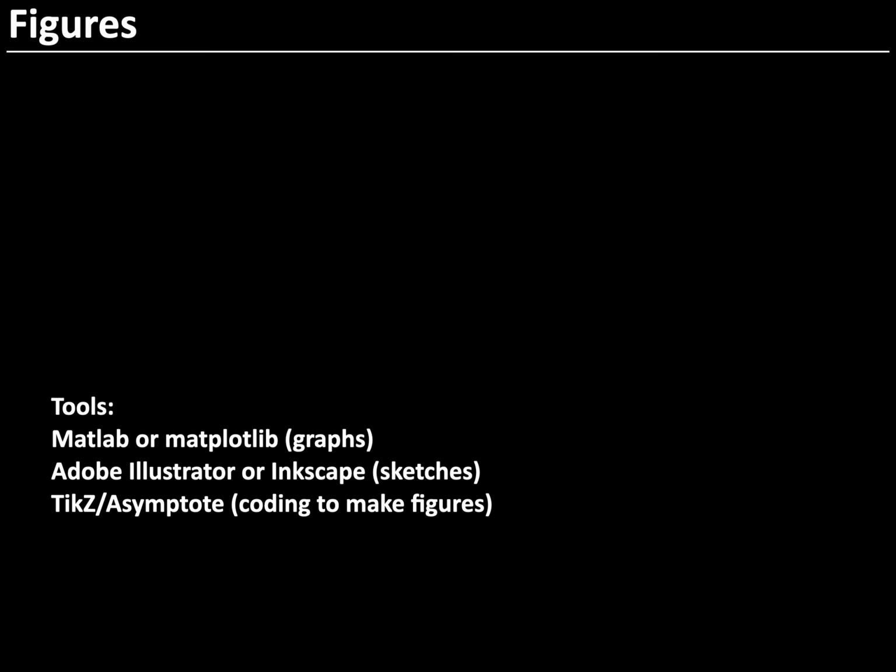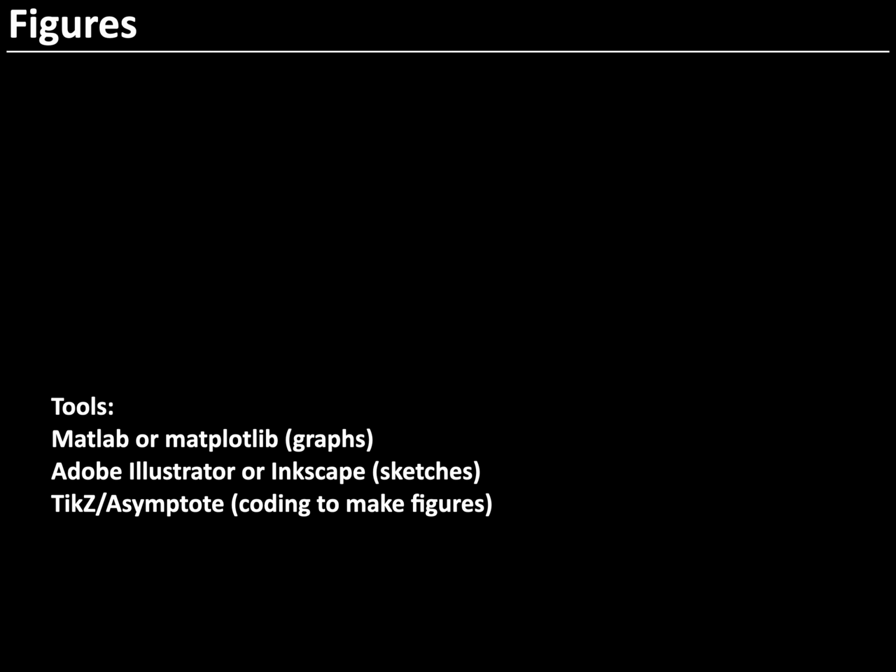For the sketches, in the past I used Adobe Illustrator because I think it's the best for putting images together, but I no longer have access to it due to COVID. So I now moved to TikZ and Asymptote, and thanks for that. Using TikZ and Asymptote, you have to code to make figures.